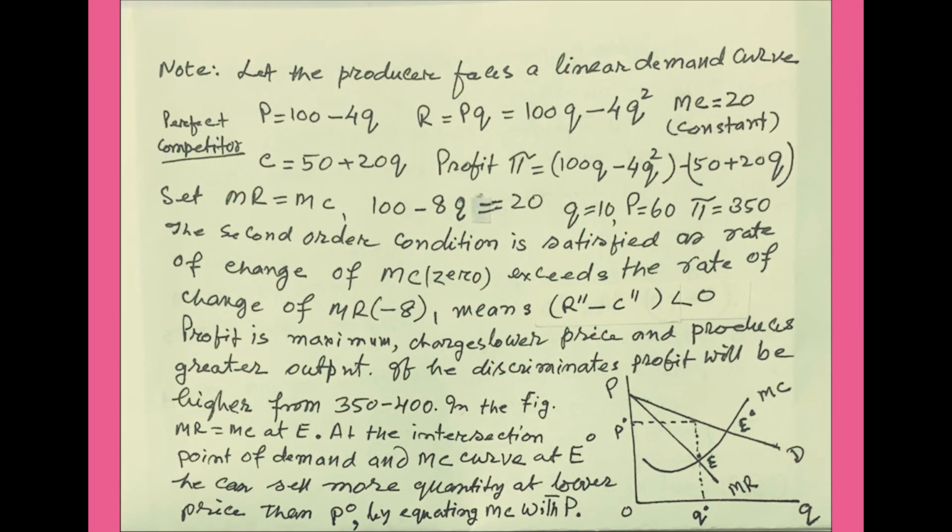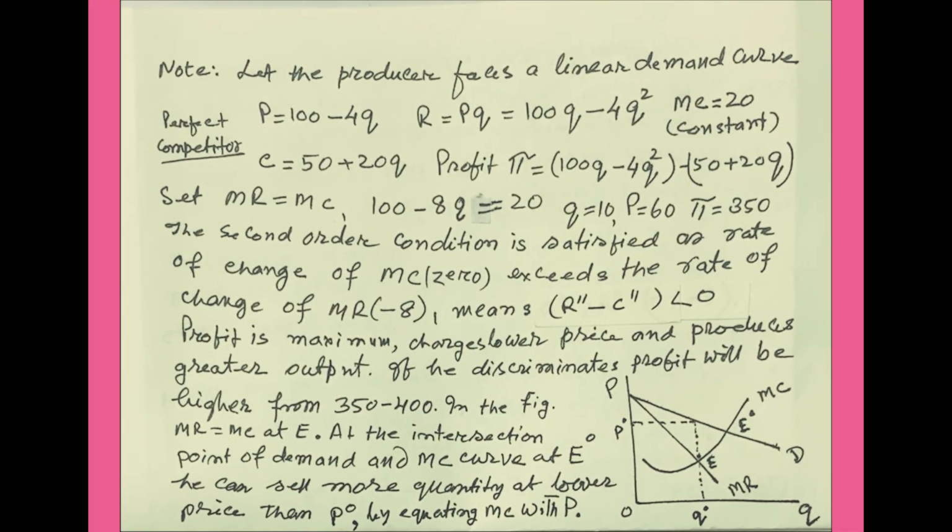So what will be the profit? Profit pi is equal to, this is a net profit, 100Q minus 4Q square, which is total revenue, minus cost, 50 plus 20Q. Setting marginal revenue equal to marginal cost, that means 100 minus 8Q is equal to 20.